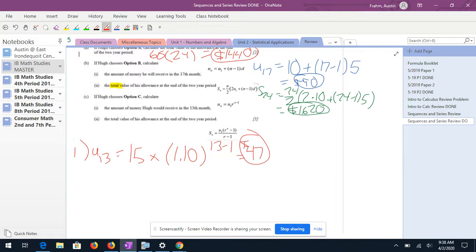Part 2 of letter C, it says the total value of his allowance at the end of the 2 periods. So now we're using the Sn equation for a geometric sequence. So for part 2, S of 24, again, since it's 2 years, that's 24 months. It's going to be 15 times 1.10 to the 24th power minus 1 divided by 1.10 minus 1.